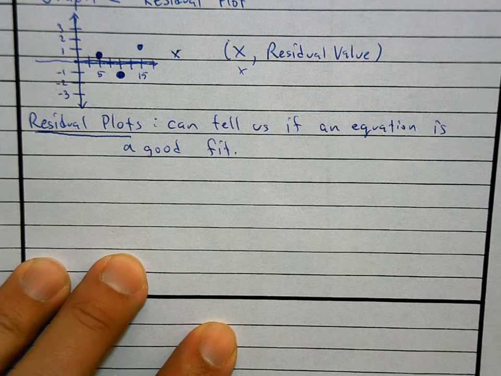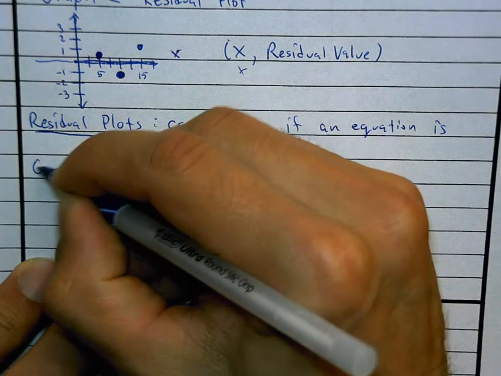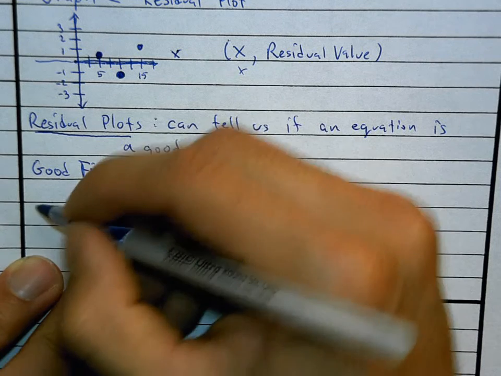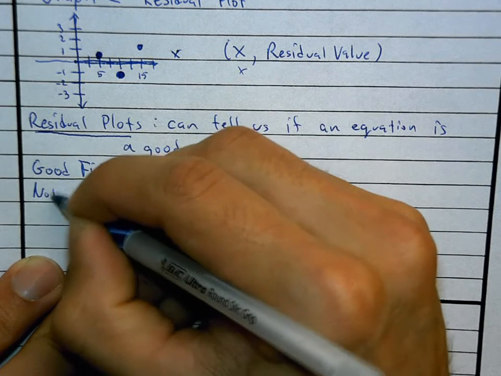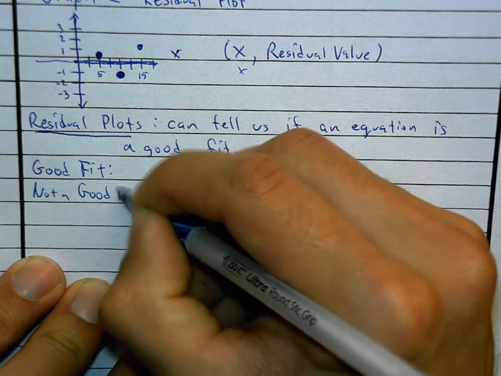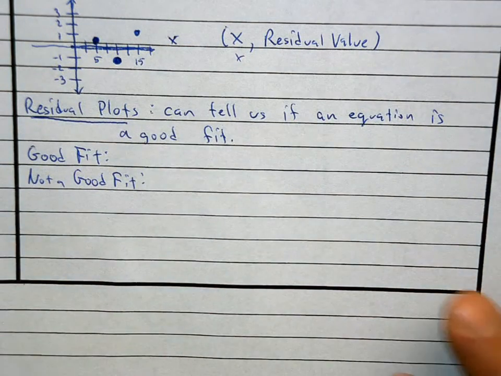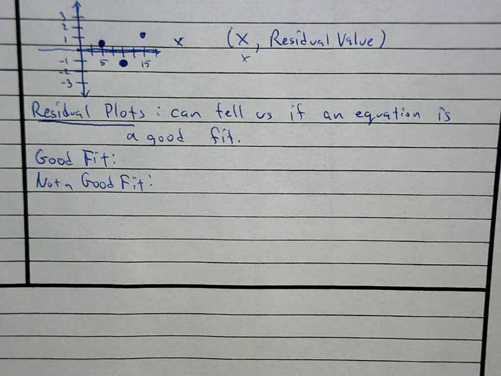So you have two choices: good fit or not a good fit. I'm going to write down both. There's a good fit type of residual plot, and then there's a not a good fit type of residual plot.